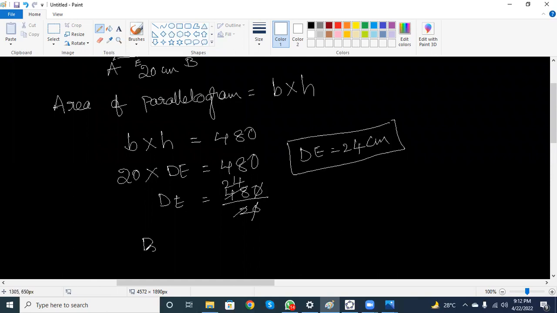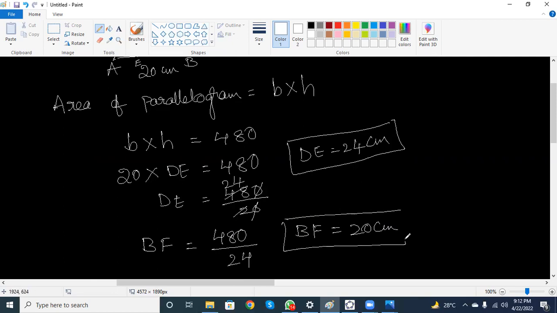So BF is equal to 480 over the other side, 24. If you cancel, BF is equal to 20 centimeters. That's it. This is one of the 8 marks question.